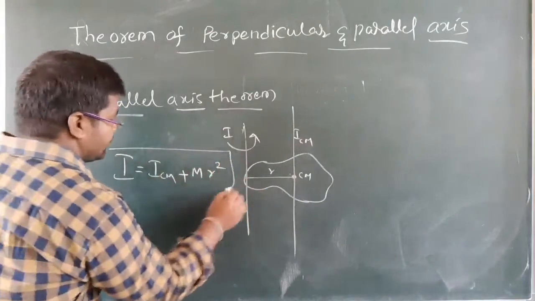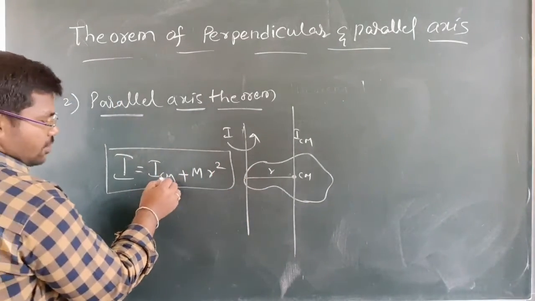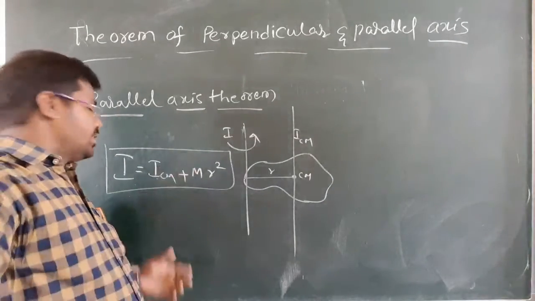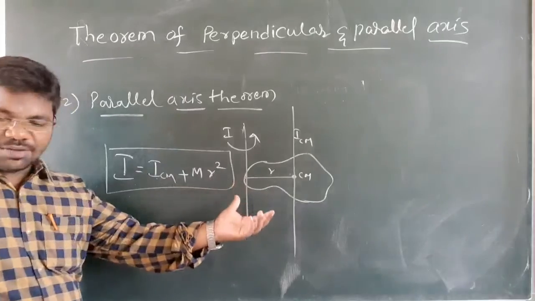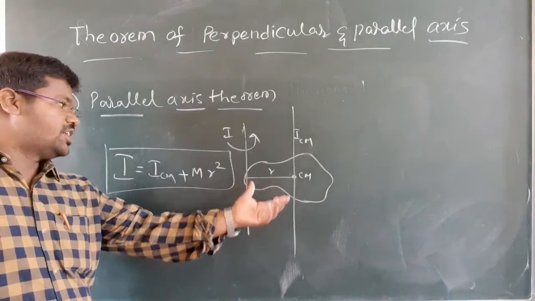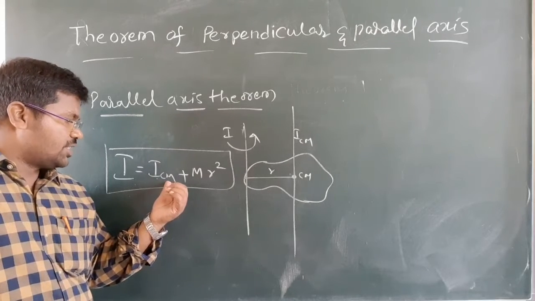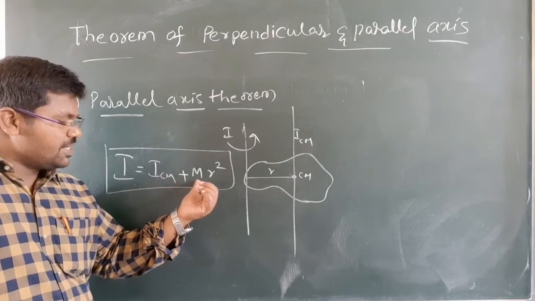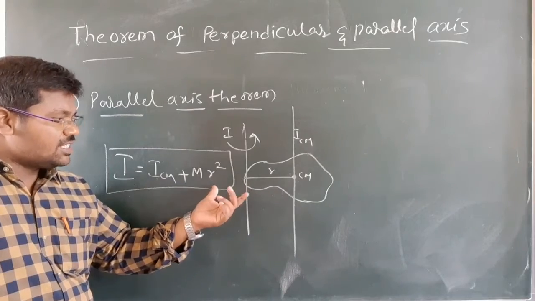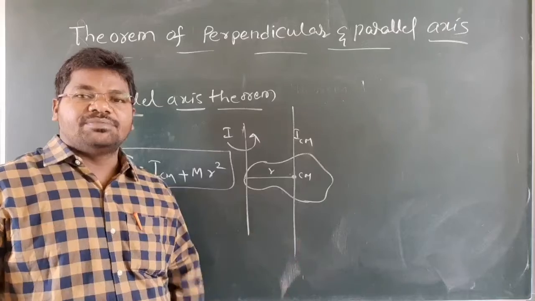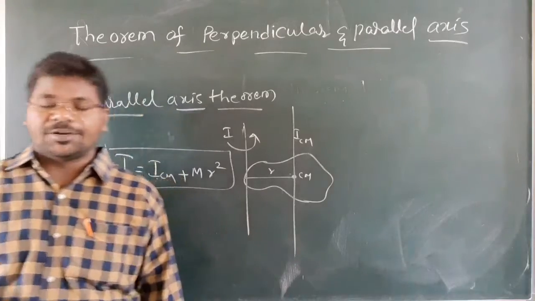This is the equation: I is equal to I center of mass plus m r square. Here I is the moment of inertia of the rotating body, ICM is the moment of inertia about the center of mass, m is the mass of the body, and r is the distance between the two axes, my children.